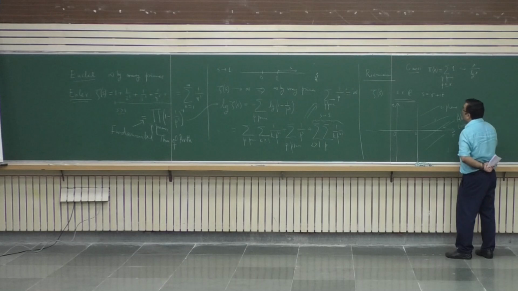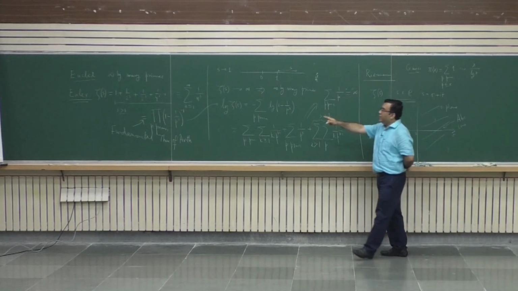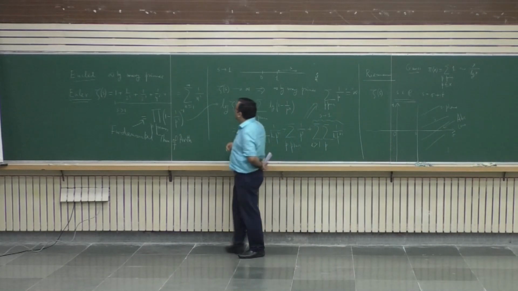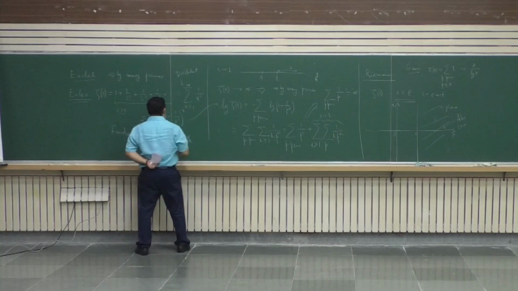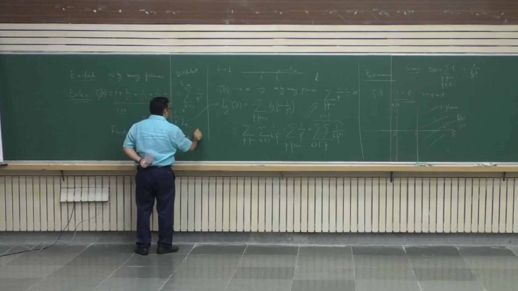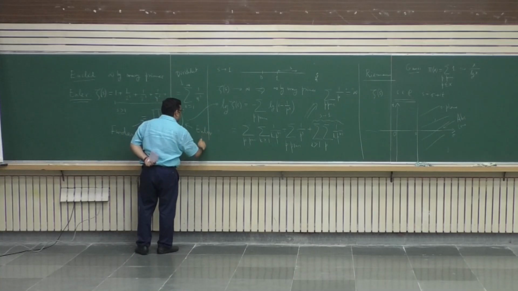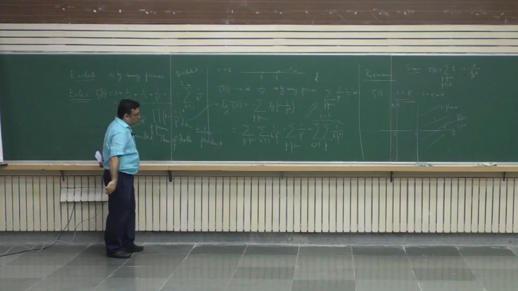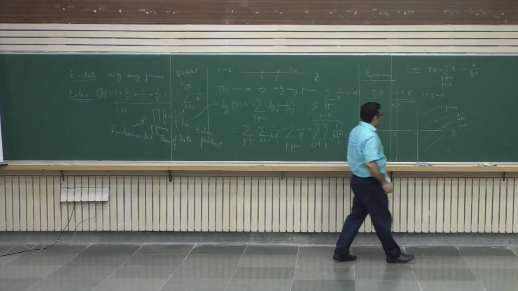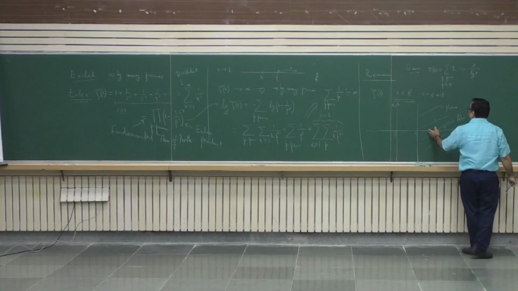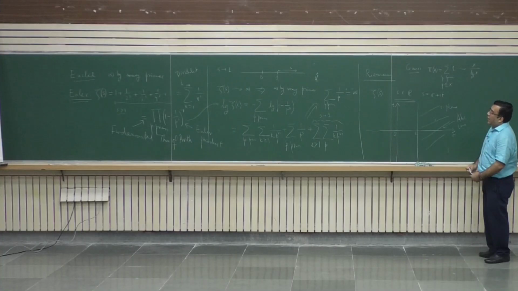Both for the series and for the product. By the way, this series is called a Dirichlet series, and this product here is called an Euler product. So the Riemann zeta function comes with a Dirichlet series expansion and also an Euler product. Both of them converge absolutely for sigma greater than 1.